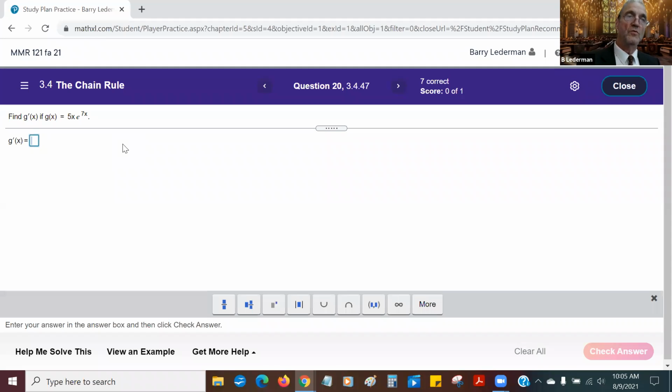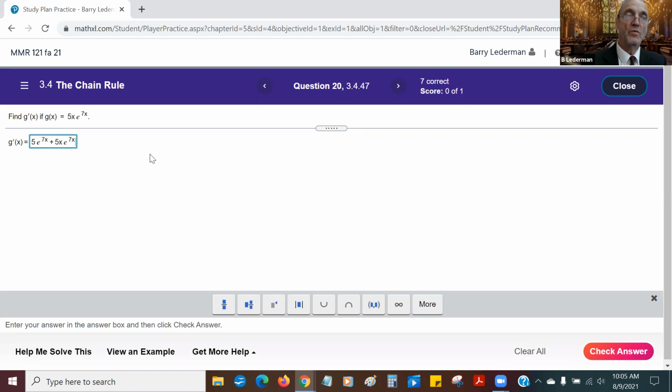So we're going to do 5, that's the first derivative, times e to the 7x, and then plus 5x times e to the 7x times the inner derivative.